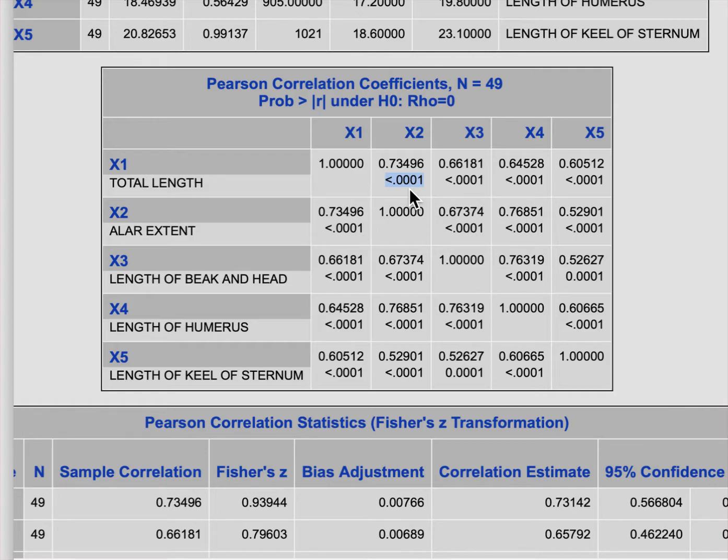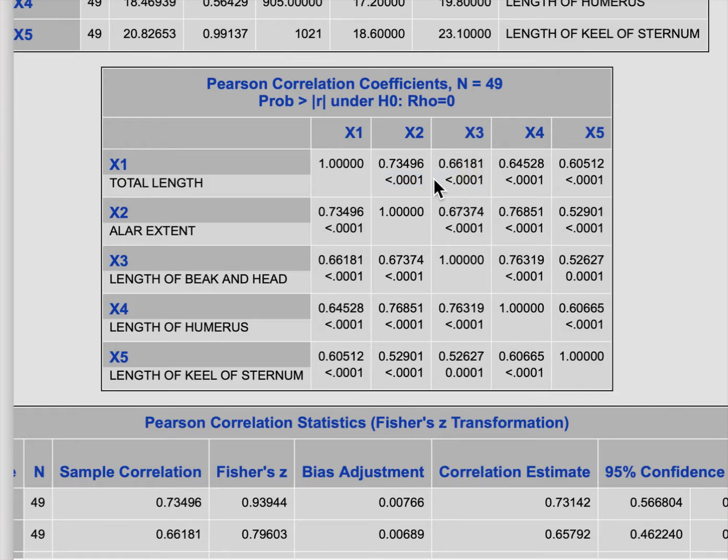Specifically, it's less than 0.05, but the criterion is if it's less than or equal. So for this first test, we would reject the null hypothesis of 0 correlation between x1 and x2, and conclude that the population correlation between x1 and x2 is different than 0.